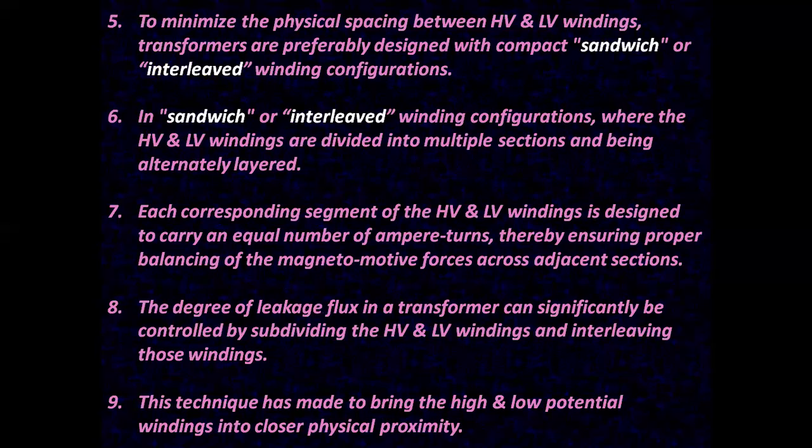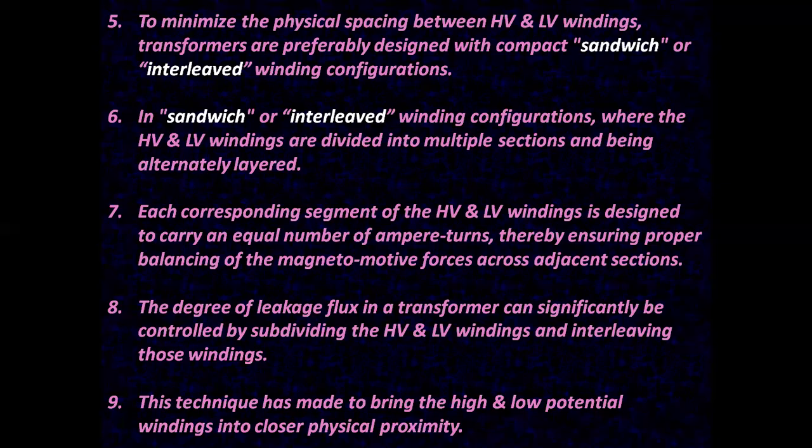To minimize the physical spacing between HV and LV windings, transformers are preferably designed with compact sandwich or interleaved winding configurations. In sandwich or interleaved winding configurations, the HV and LV windings are divided into multiple sections and alternately layered.